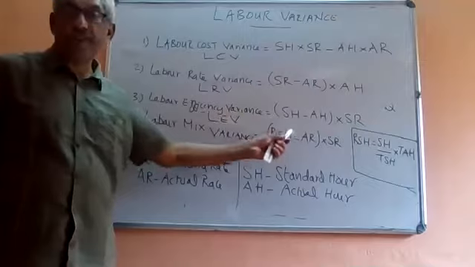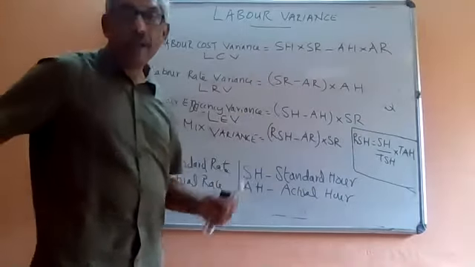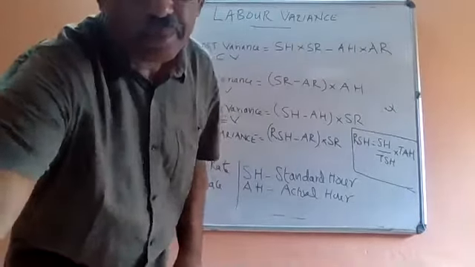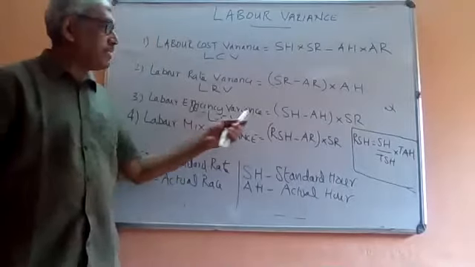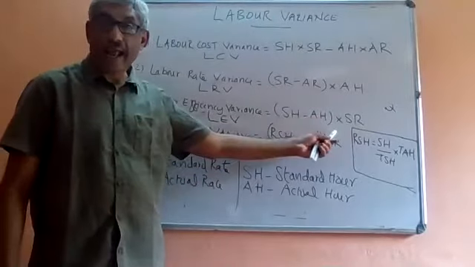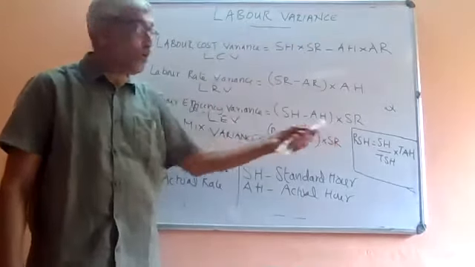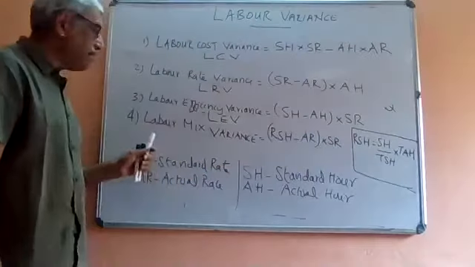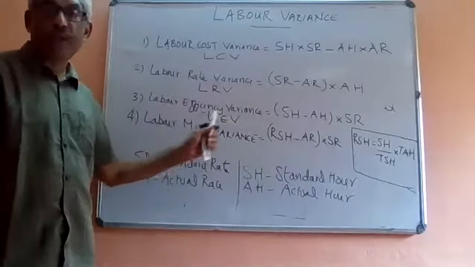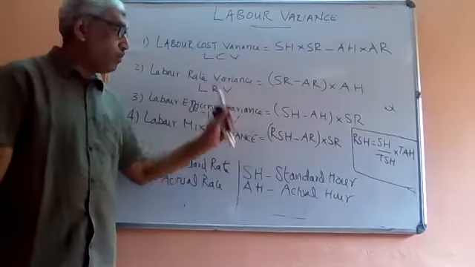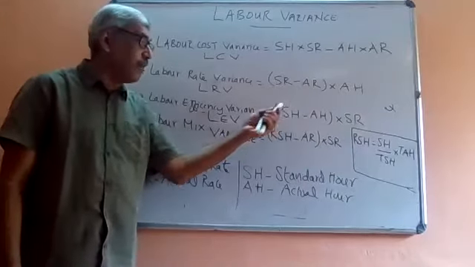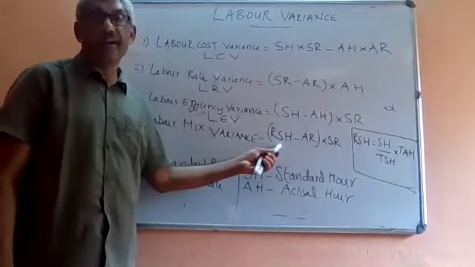Labor efficiency variance, LEV. It will be standard hour minus actual hour into standard rate. And the last is labor mix variance. The only difference is, instead of standard hour, I am going to use revised standard hour.